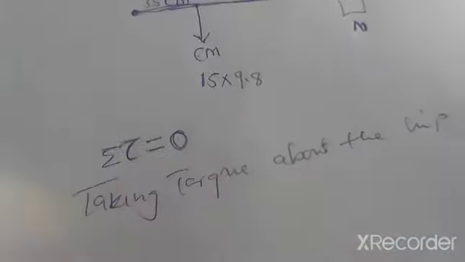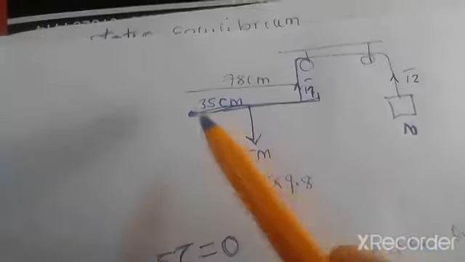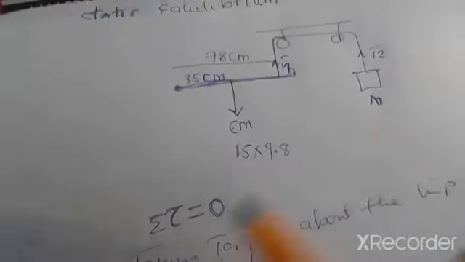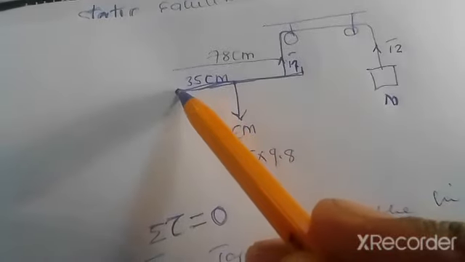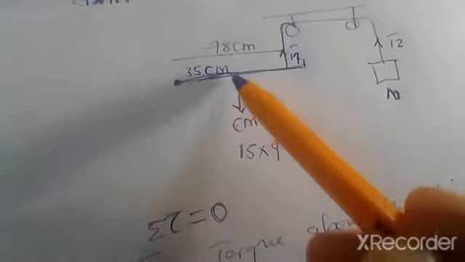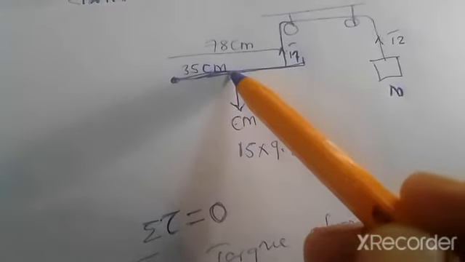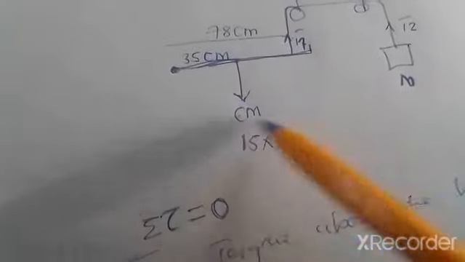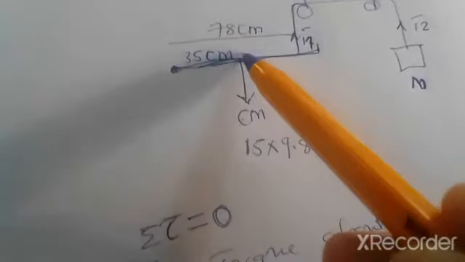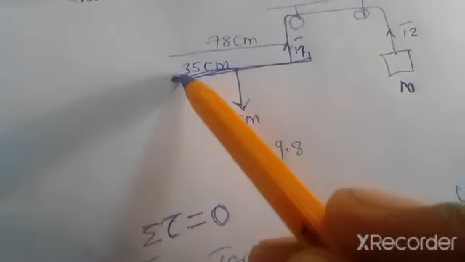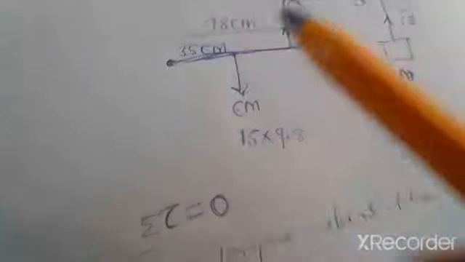the hip joint starts from here to here. The perpendicular distance here we've been given as 35 centimeters. The force is, of course, the weight. Mind you, we work with SI units, so we have to convert 35 centimeters and 78 centimeters to meters.